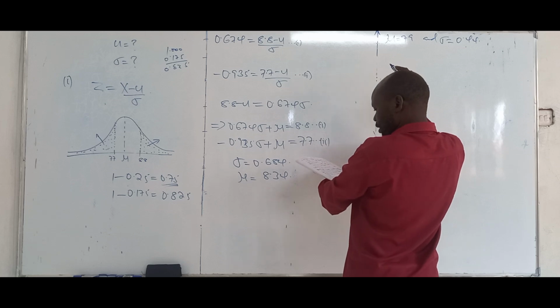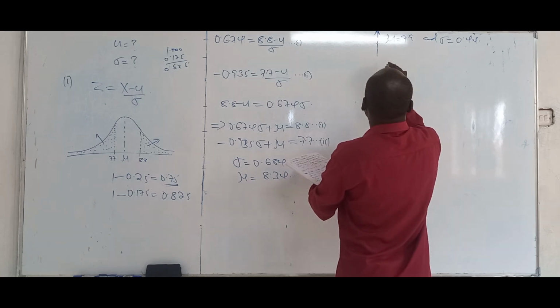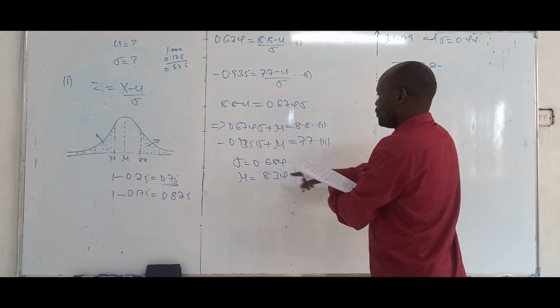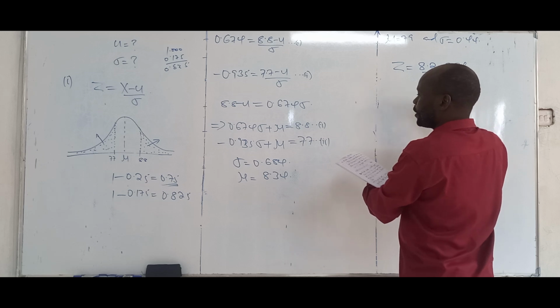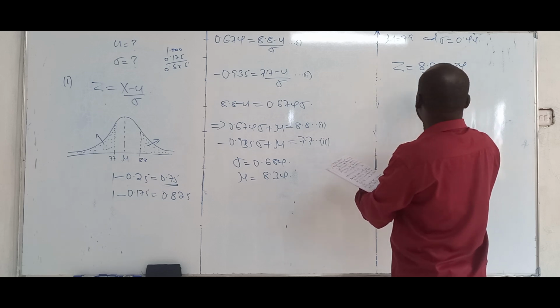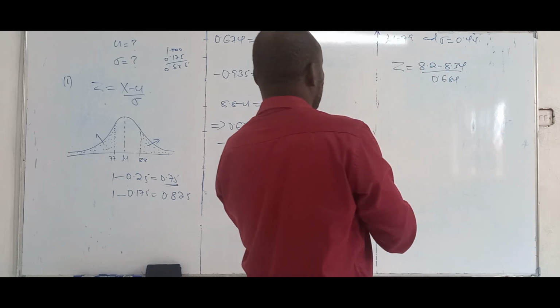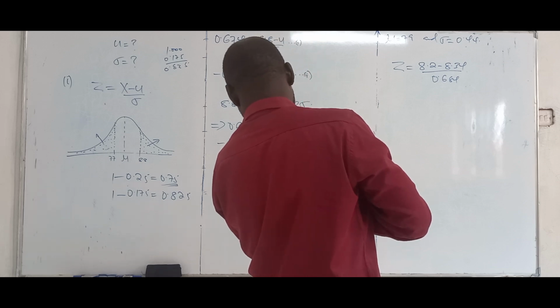So as I'm saying, find the probability that, okay. First I'll have my Z, which is 8.2 minus the mean, 8.34, all over the standard deviation, 0.684.